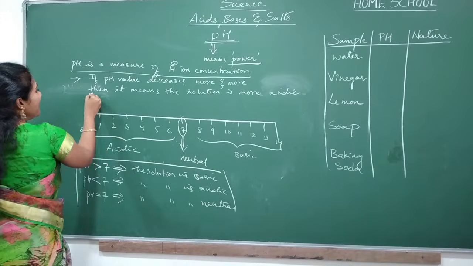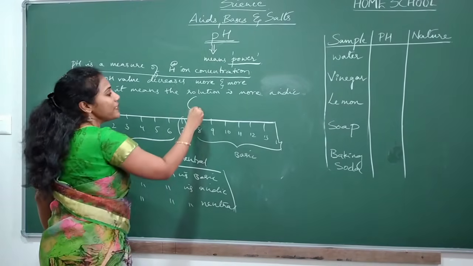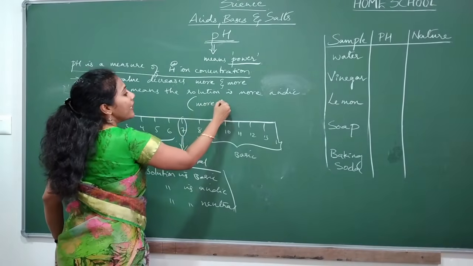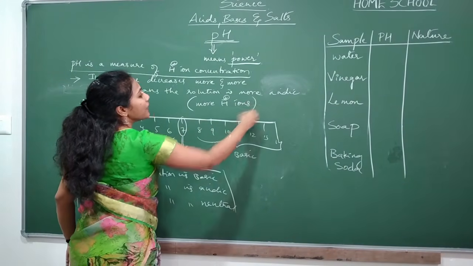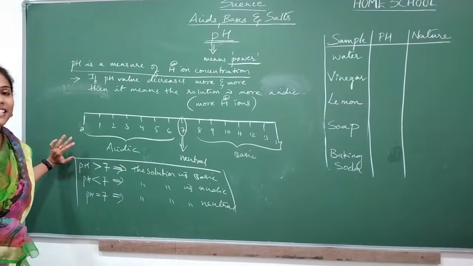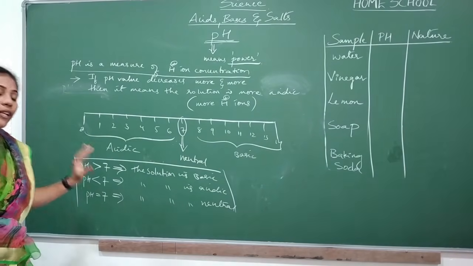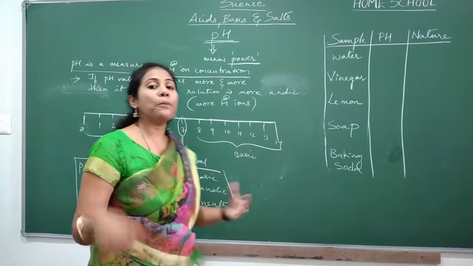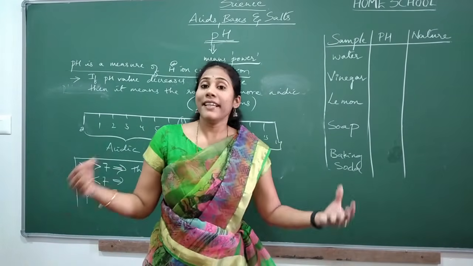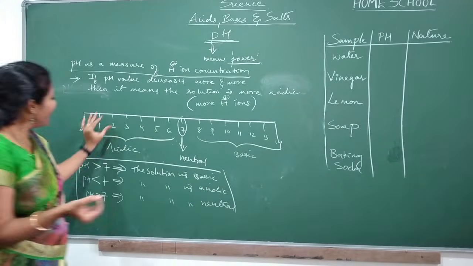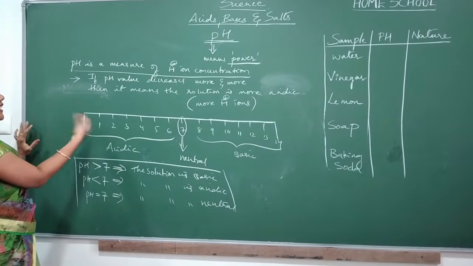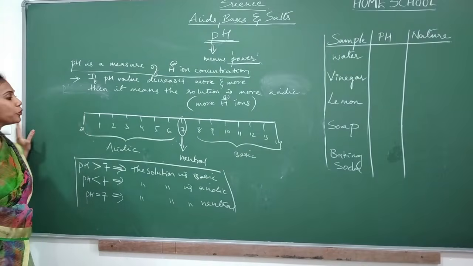More acidic means more H plus ions. You will have more H plus ions in that acidic solution, so when you check its pH value, it will be very, very less. That means you will get a value between 0 to 2.